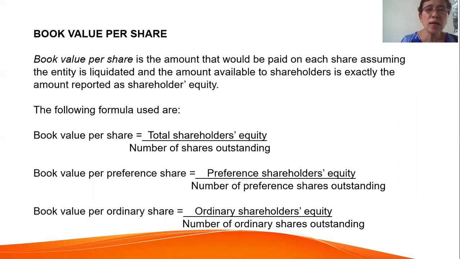So the formula is book value per share is total shareholders' equity divided by the number of shares outstanding. The book value per preference share is preference shareholders' equity divided by the number of shares outstanding. And for the ordinary shares, ordinary shareholders' equity divided by shares outstanding.